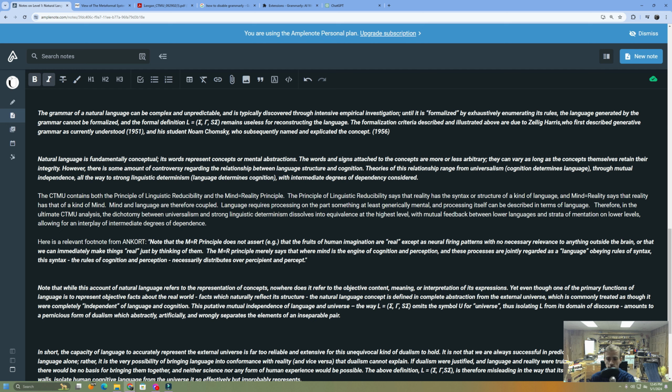But on lower levels, such as that between just natural languages and how that affects various types of thinking, on just lower levels of cognition, there can be an interplay of intermediate degrees of dependence there.